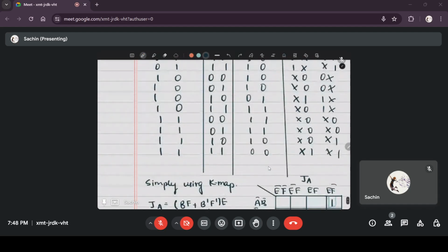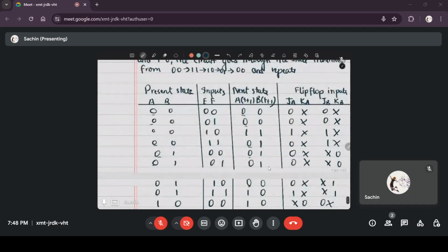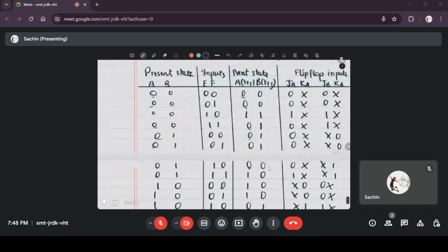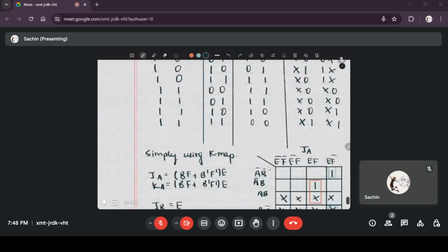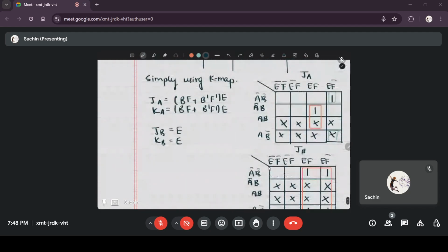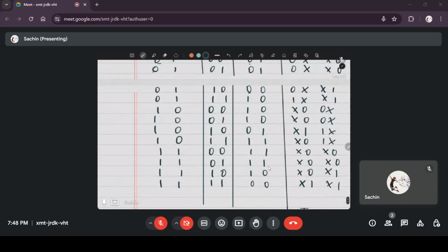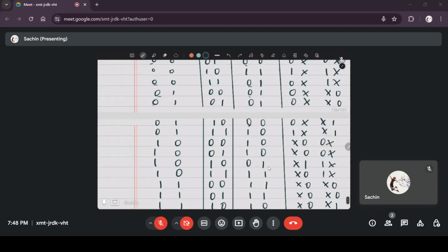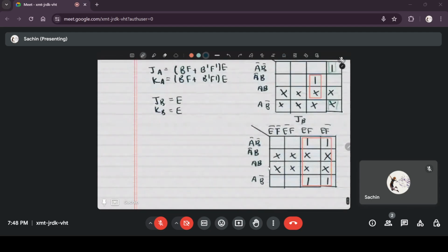Similarly for KB, you see that the first 4 are x's. So the top line will be full of x's, and the last 4 boxes will also be x's, and the ones will come here.